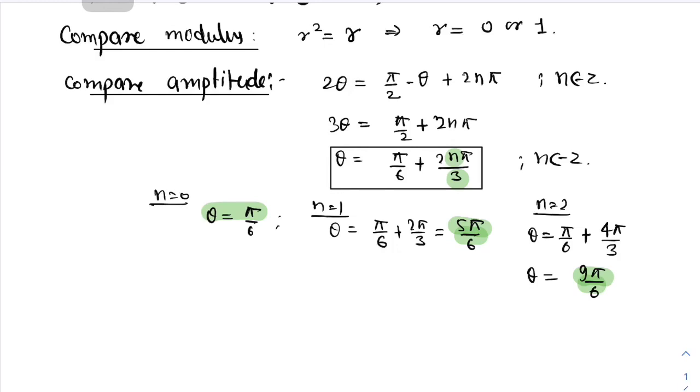It's better that we put n equal to 0, 1 and 2, since the simplest 3 consecutive integers are just 0, 1 and 2. Okay, so finally we get our amplitude.